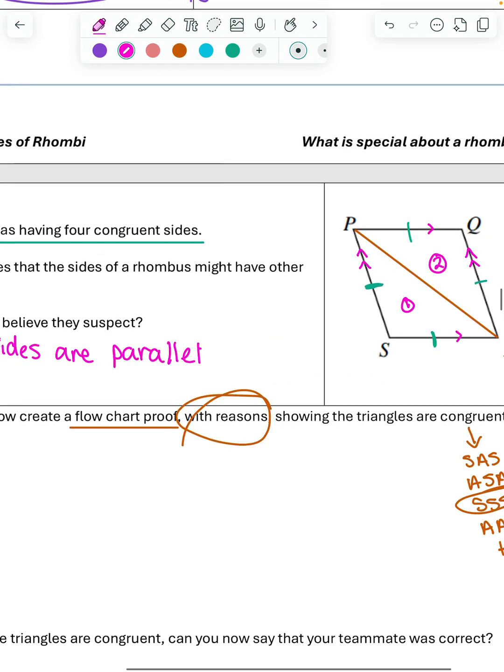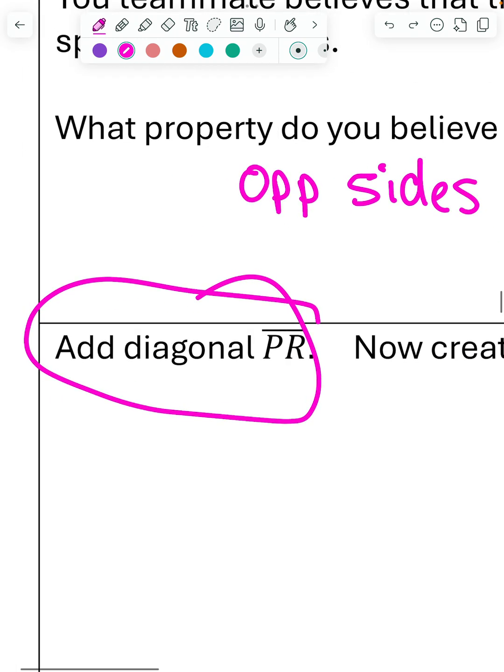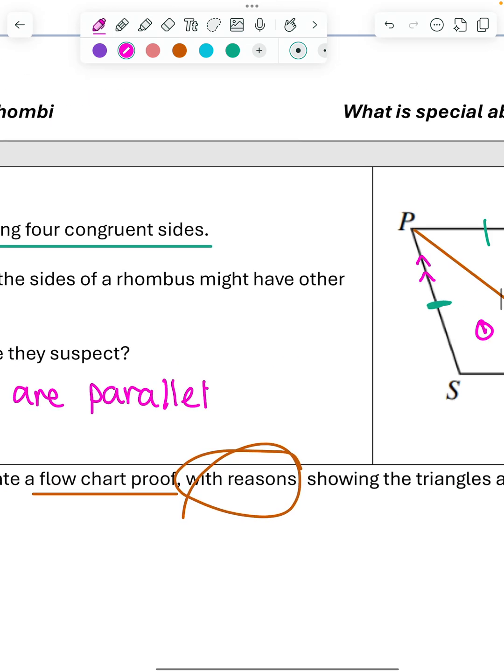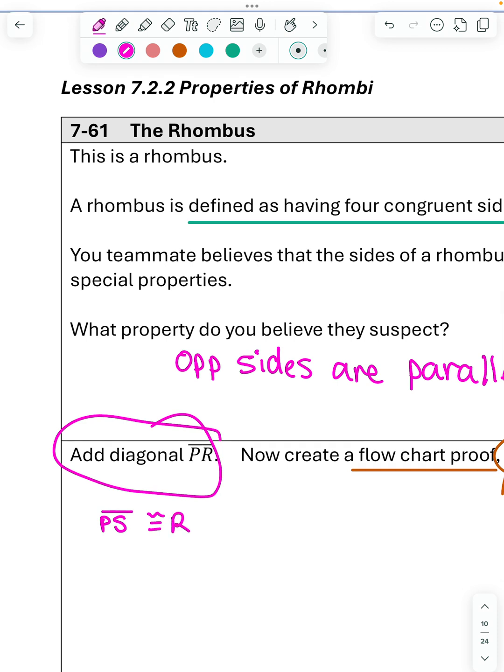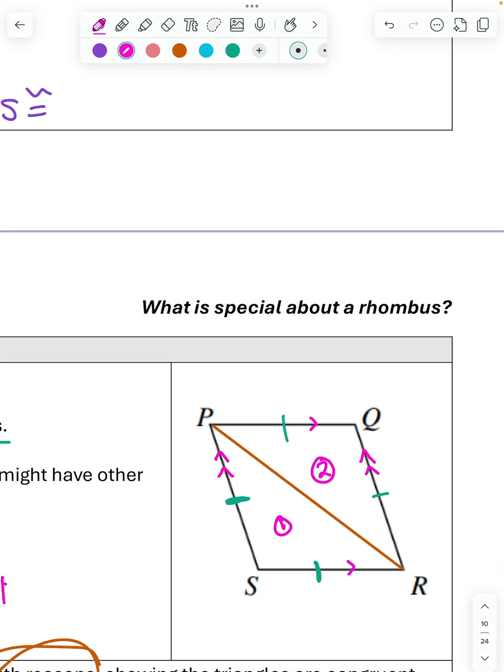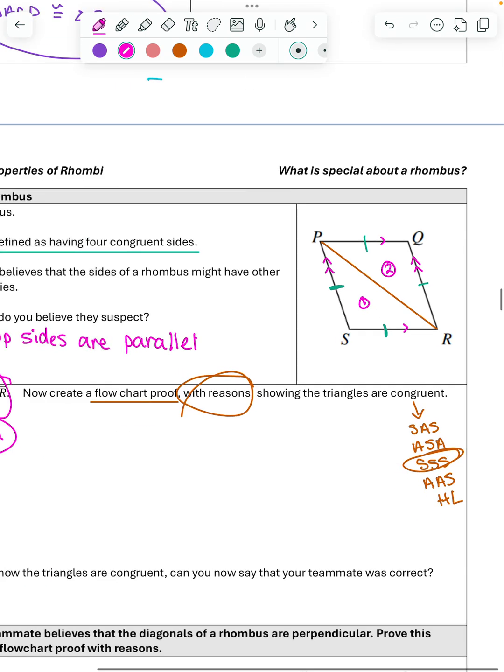So let's start off with this first side, PS. Side PS is congruent to side RQ. And because they're all congruent, it doesn't have to be RQ. You could have said that PS is congruent to PQ.